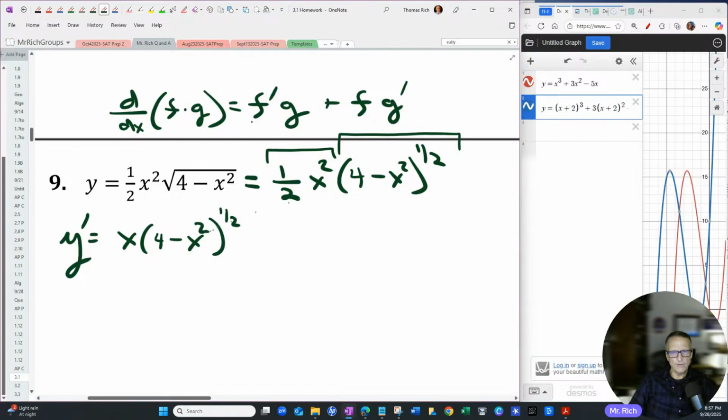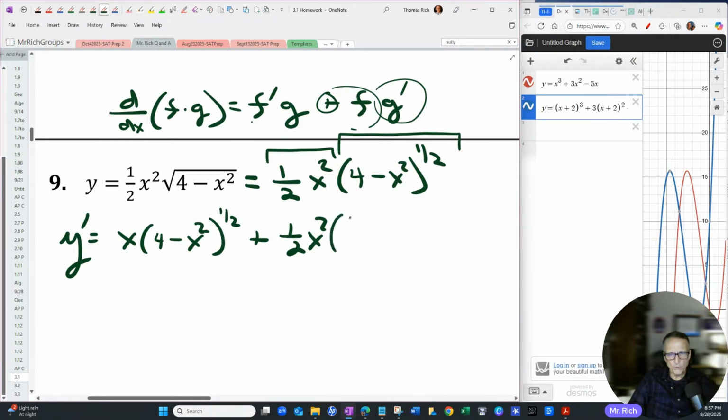Then I put a plus sign, because the product rule has a plus sign here. Then I take the first function, 1/2 x squared, times the derivative of the second function, which is 4 minus x squared to the 1/2. I start with the power rule, because I have 4 minus x squared raised to the 1/2 power.